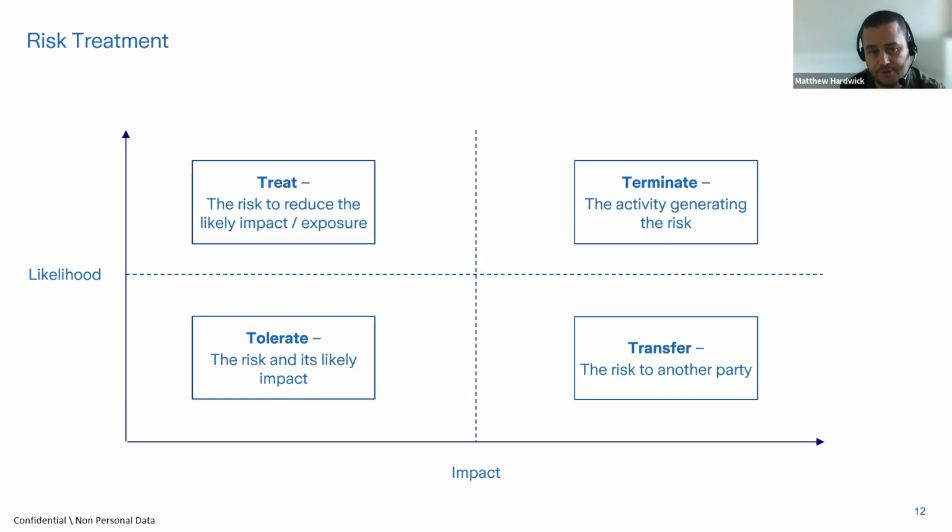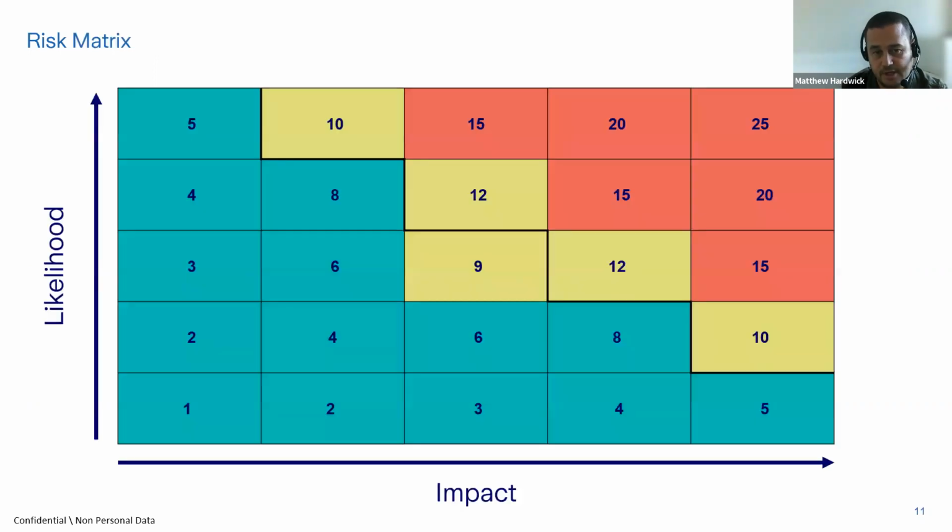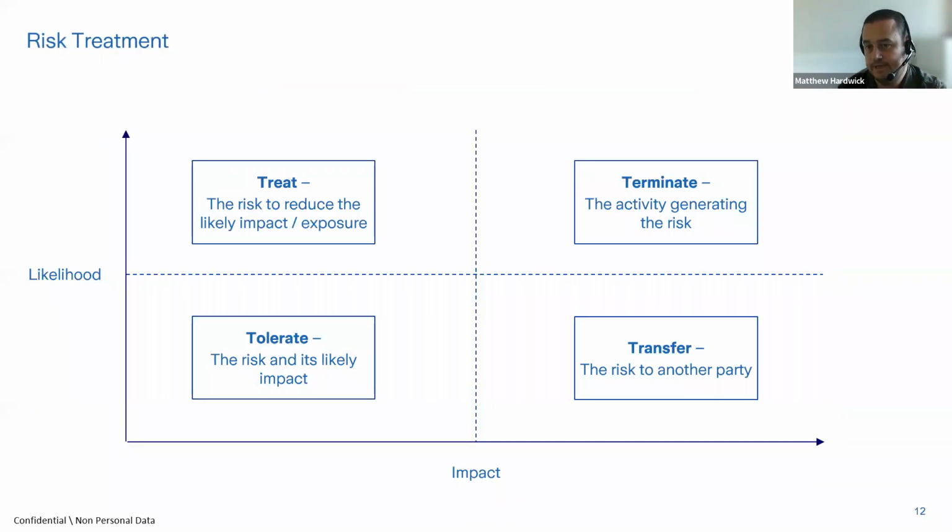As you can imagine, treat risks, these are where we're looking to proactively manage. We're putting some actions in place to ensure that we reduce either the likelihood and or the impact of this particular risk. Tolerate risks, these sit in the very bottom corner, which if we go back to our matrix, is this more green element predominantly. That's going to be a risk that as an organization we're quite content with.